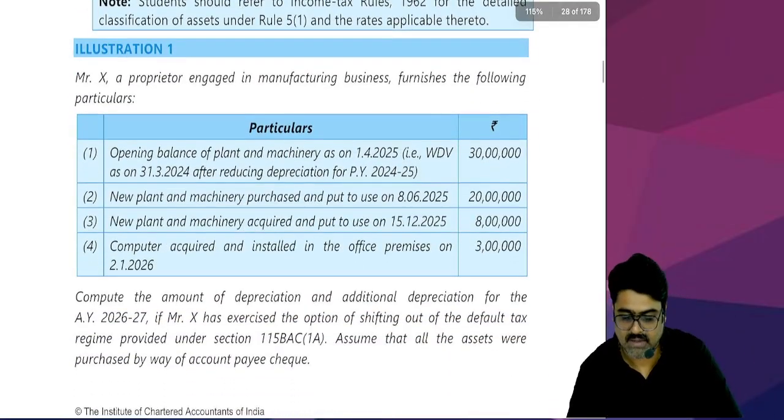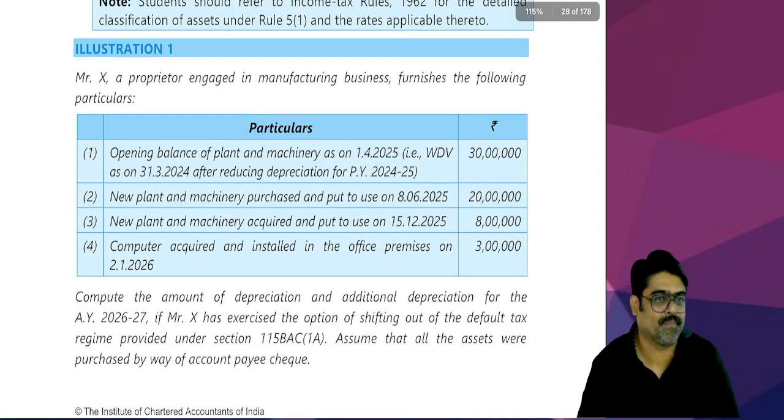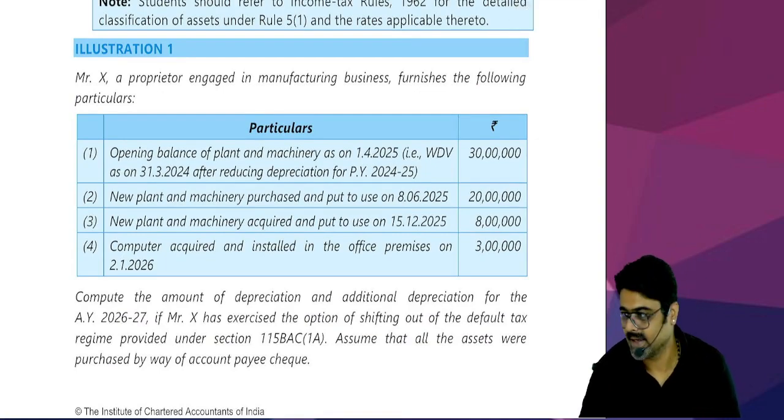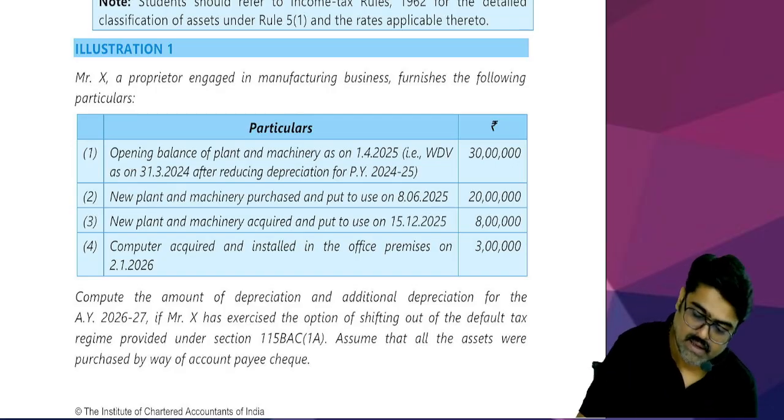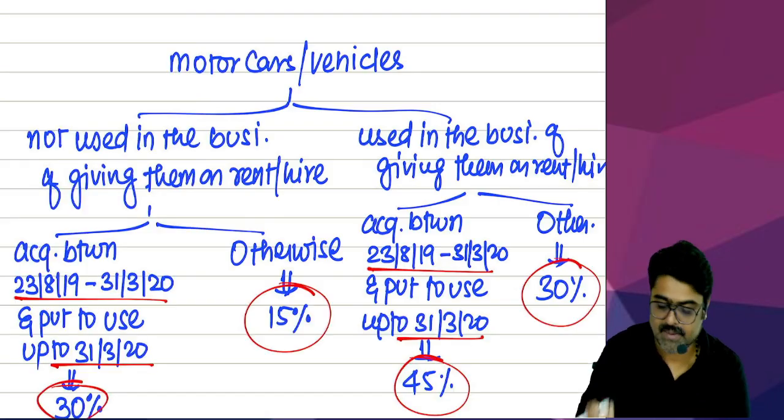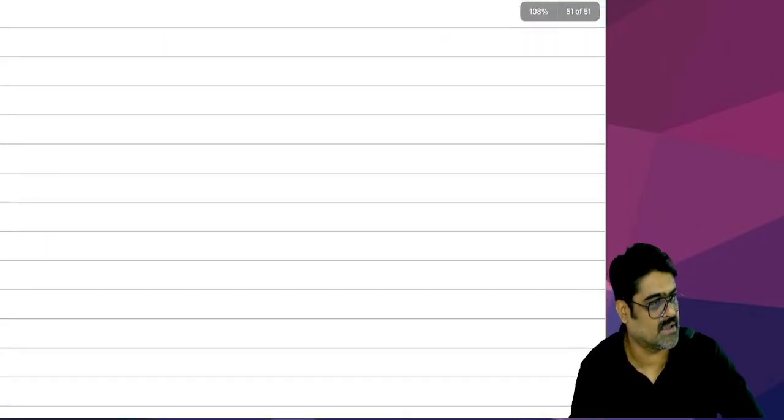Now let's start with illustration number 1. Ready? First illustration. Mr. X, a proprietor, engaged in. But before that, wait now. Before this illustration 1, I need to tell you one more depreciation. Then we'll go to illustration number 1.